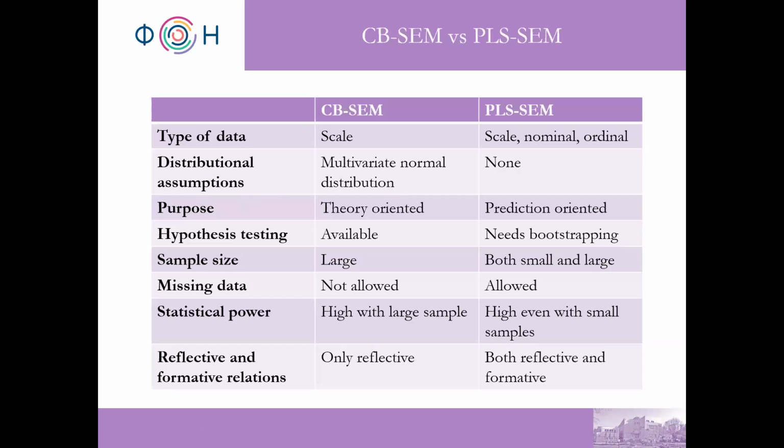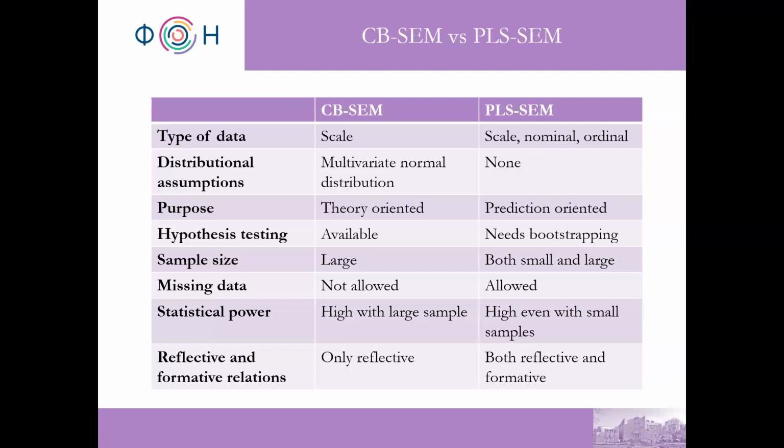If we observe just these two characteristics of comparison, it is pretty clear that PLS-SEM may be used more widely than covariance-based SEM, especially as it can be used on different types of data.